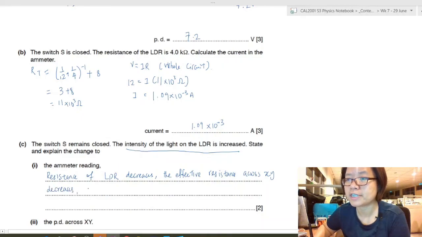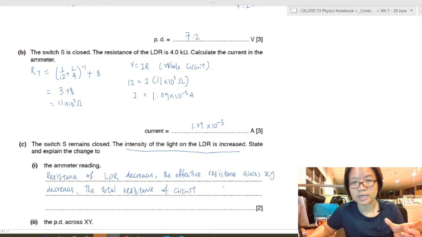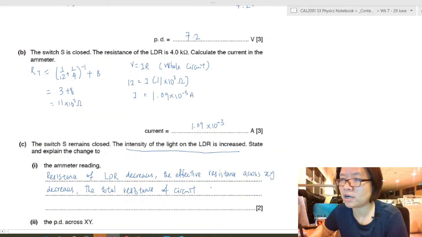And because of this, the total resistance of your circuit, because XY is in series with the 8 ohm, so total resistance of the circuit decreases too.